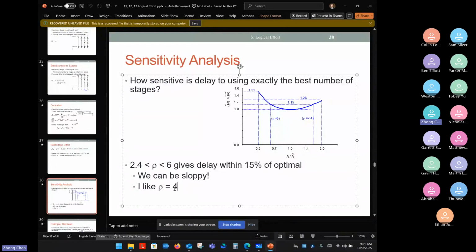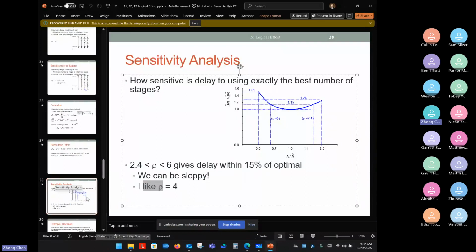This rho represents the best stage effort, the small f value. No matter what the input and output values are, if you can make the best stage effort equal to 4, then the total delay time will be the minimum. So rho equal to 4 is the conclusion we talked about in the last class.